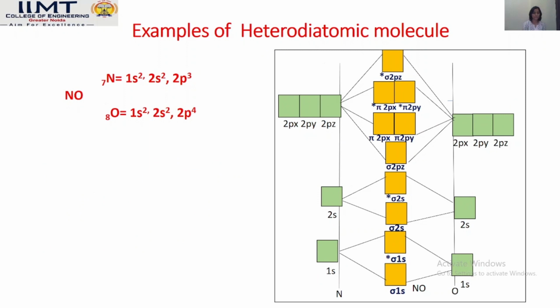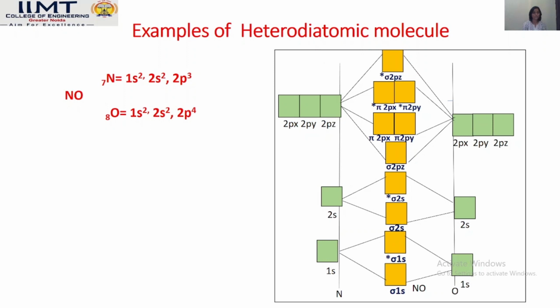The first example I have taken is nitric oxide. When nitrogen and oxygen combine, nitrogen has a total of 7 electrons and oxygen has 8 electrons, so a total of 15 electrons will be there. When we compare electronegativity, obviously oxygen is more electronegative than nitrogen.